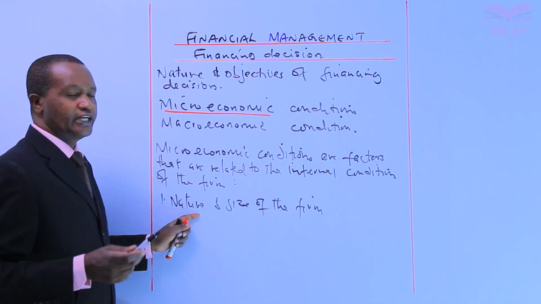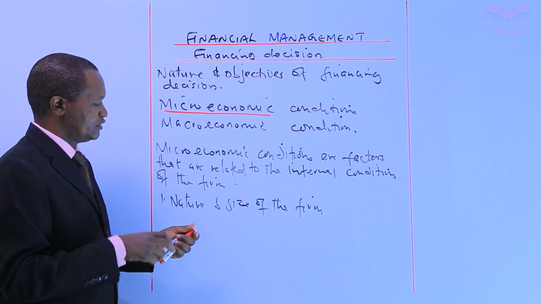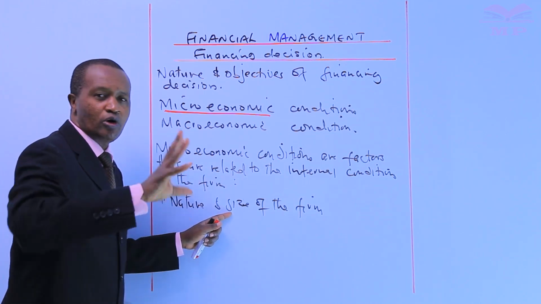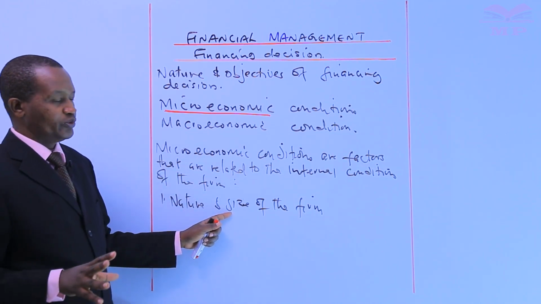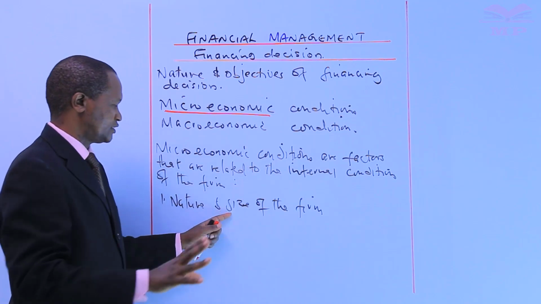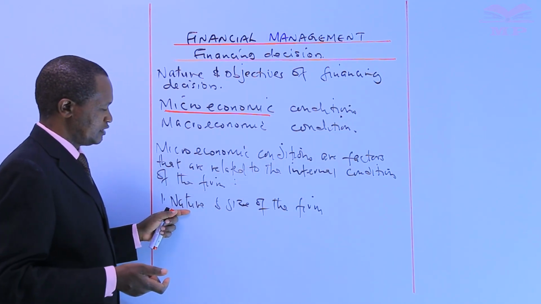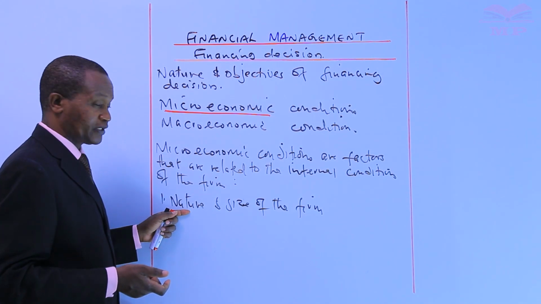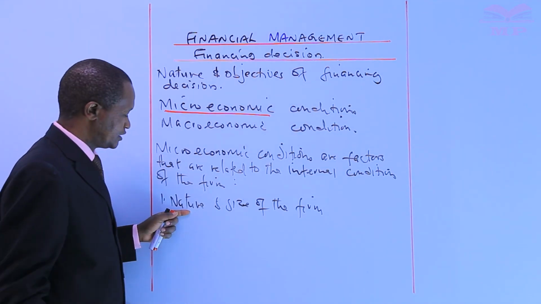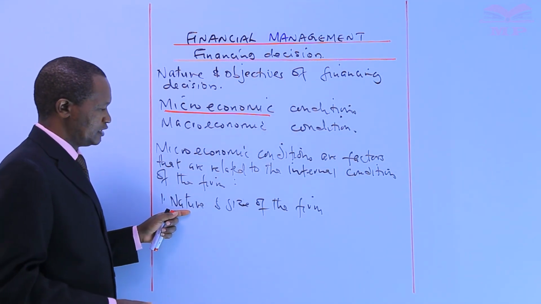The nature and the size, because we have small firms, we have large firms, we have private firms that are run by families, we have firms that are incorporated.